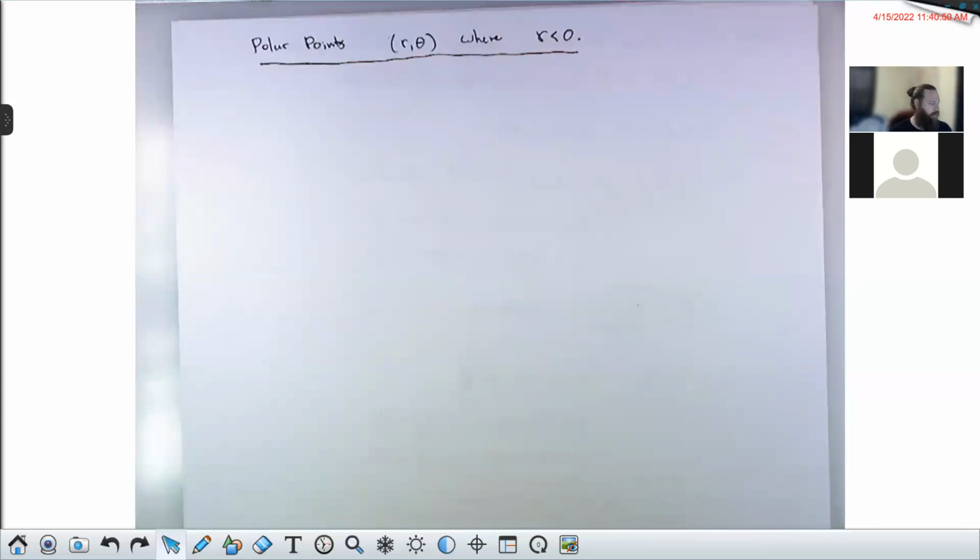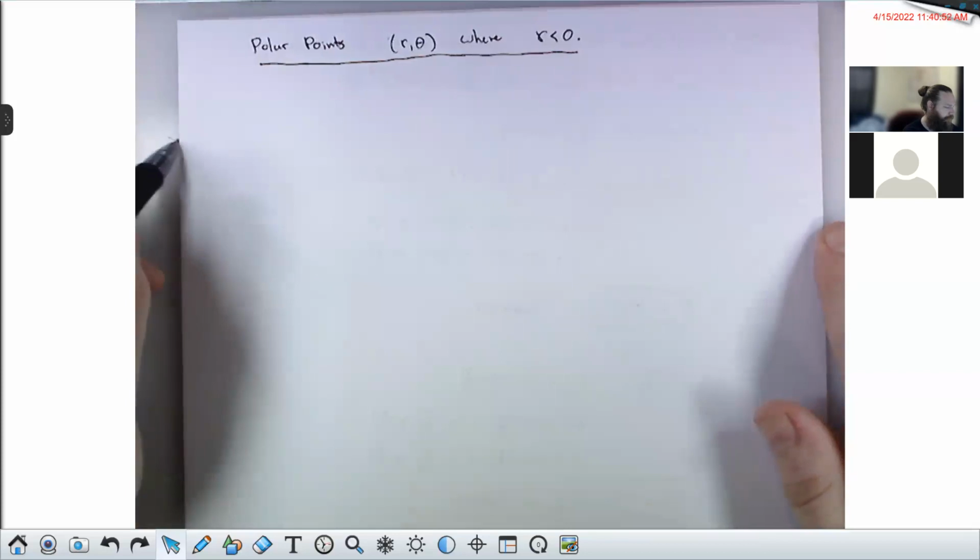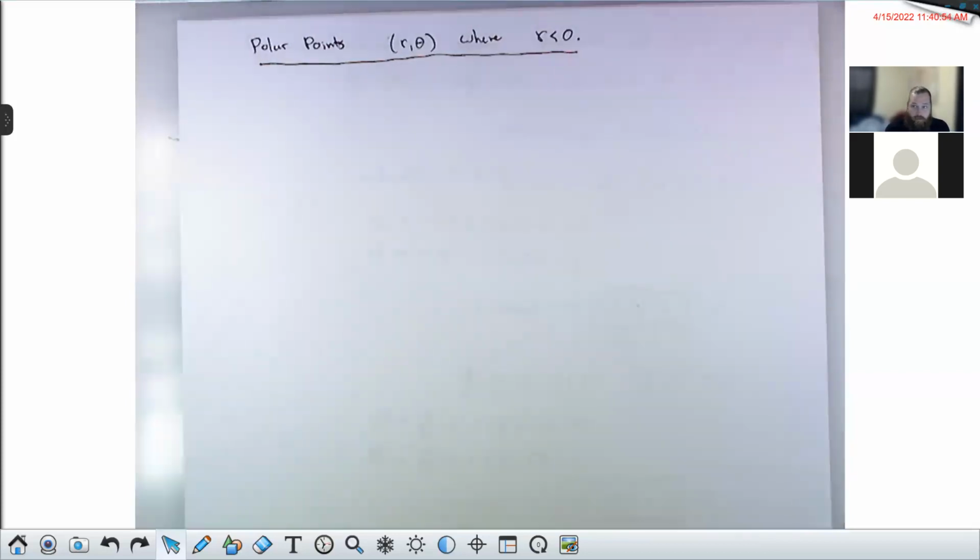There's sort of two ways to think about this. I'm going to show you the easier conceptual way first, and then I'm going to show you something that relies on symmetry, which will be more useful when we start talking about graphing polar functions.